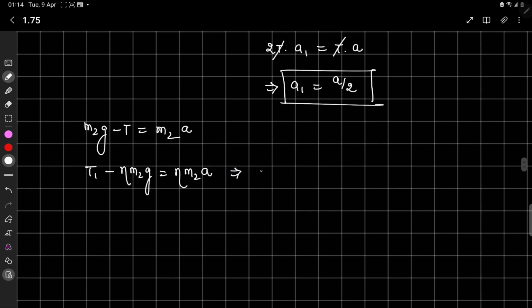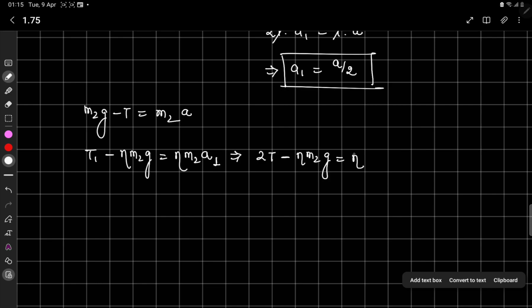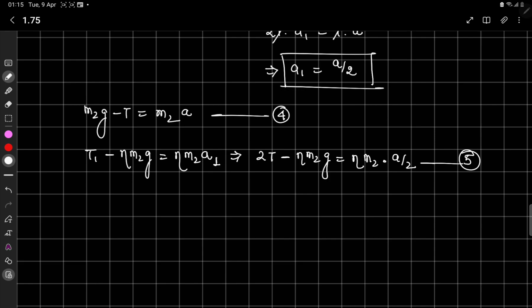So this equation will become 2T minus eta times m2g is equal to eta times m2 into a by 2. So let us say this is our fourth equation and this is our fifth equation.